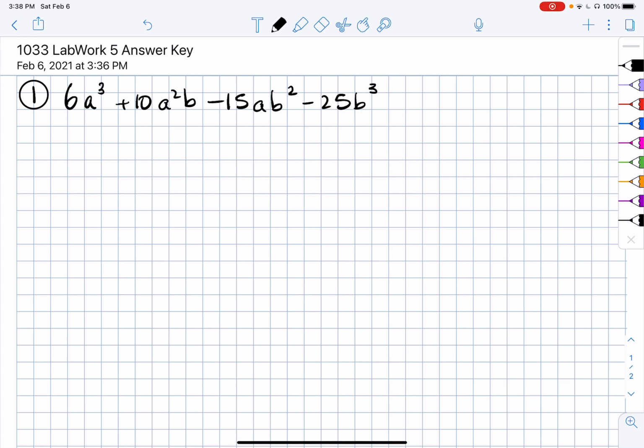So what do I have in common? I have 7 in common, and x in common. So my GCF is going to be a 7x.